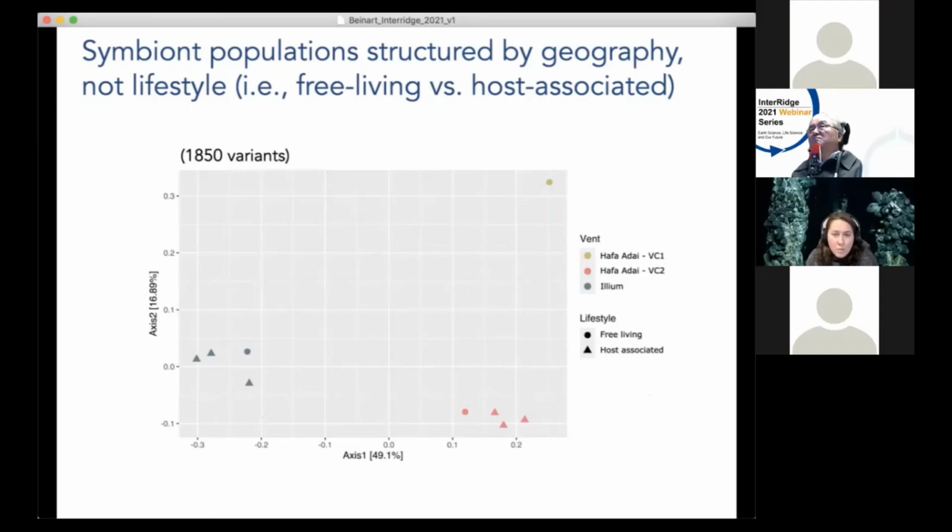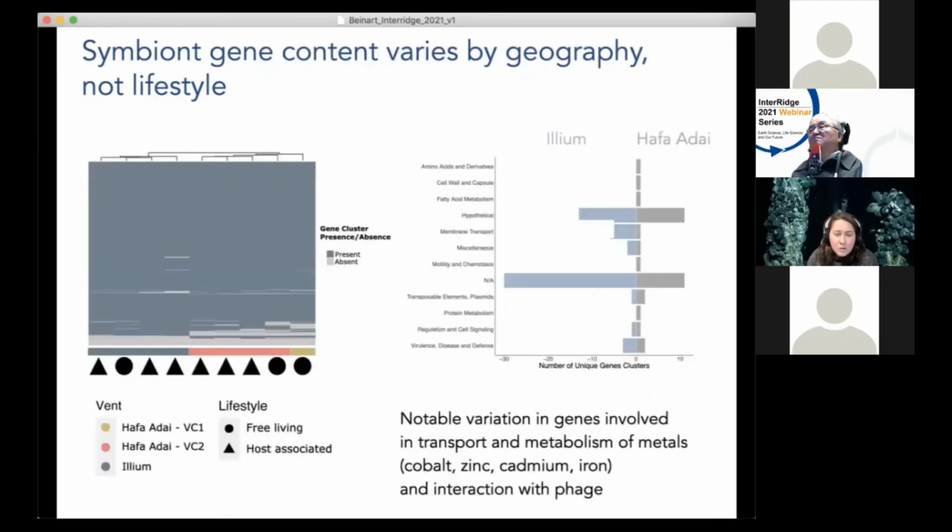Again, what we want to look at is the potential for functional variation in these populations. We examined symbiont gene content and saw that it's varying by geography, not by lifestyle. These plots show the presence or absence of genes. Each of the rows is a different gene, and each of the columns is an individual snail.